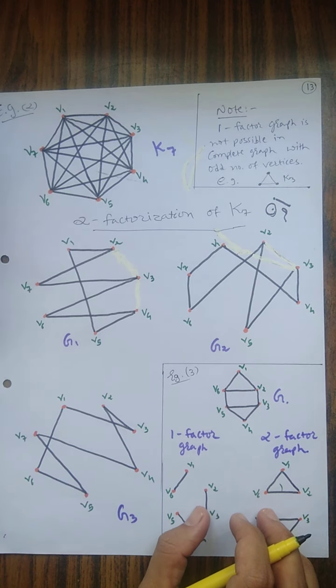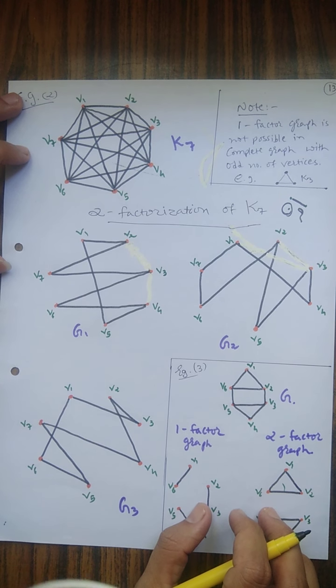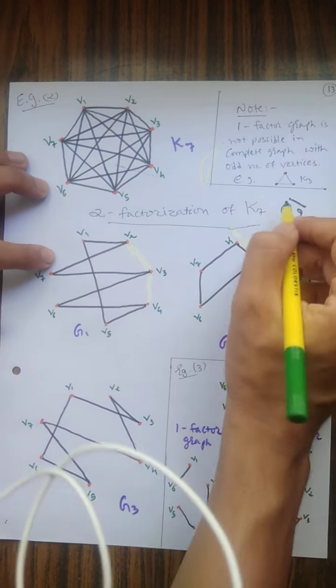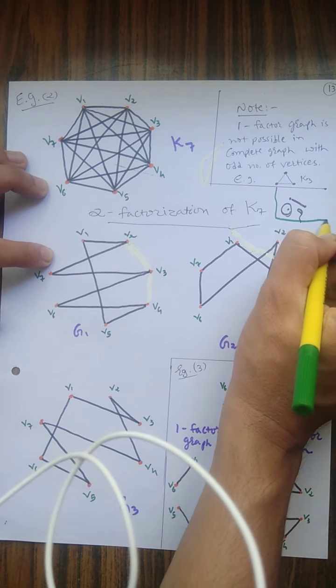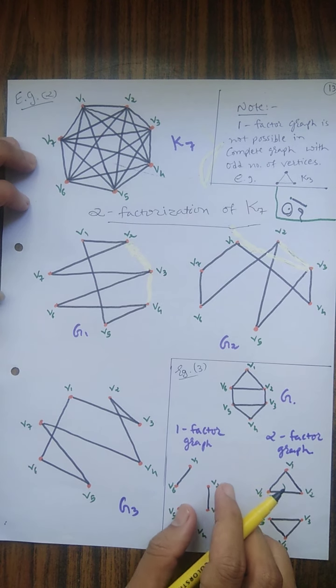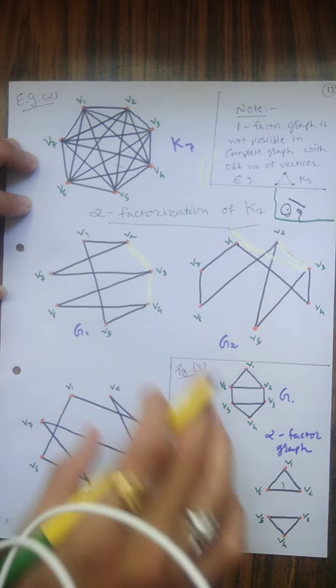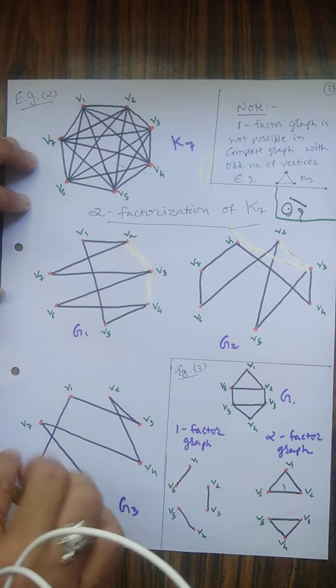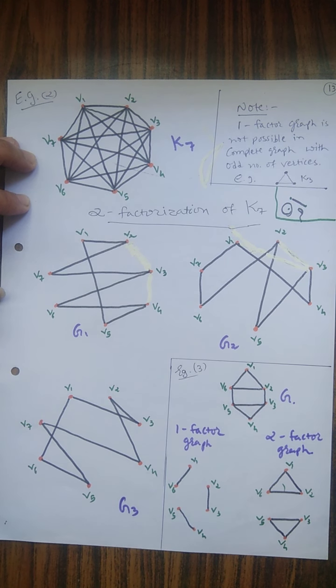Now look here. This graph has an odd number of vertices, so we cannot find a 1 factor here. So we have to find a 2 factorization graph. Many 2 factorization graphs exist, and you can see here each and every vertex has degree 2.